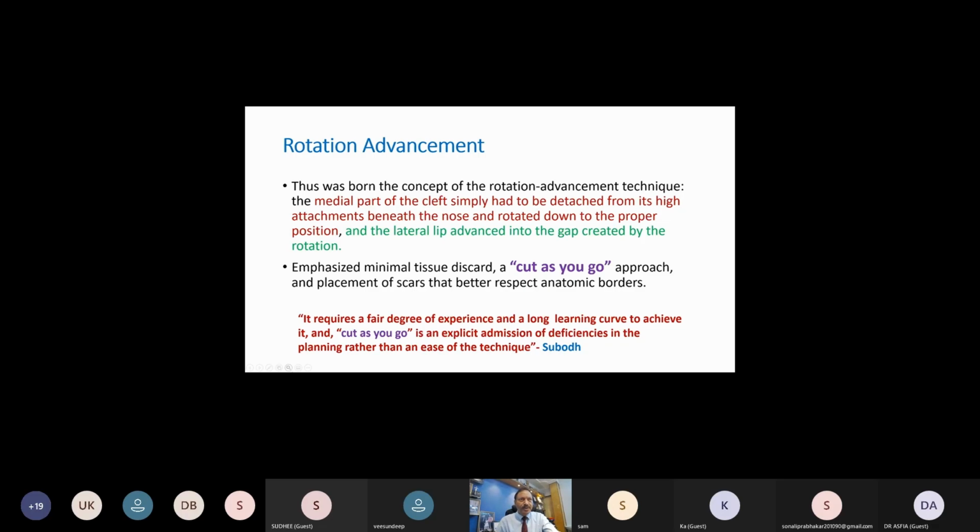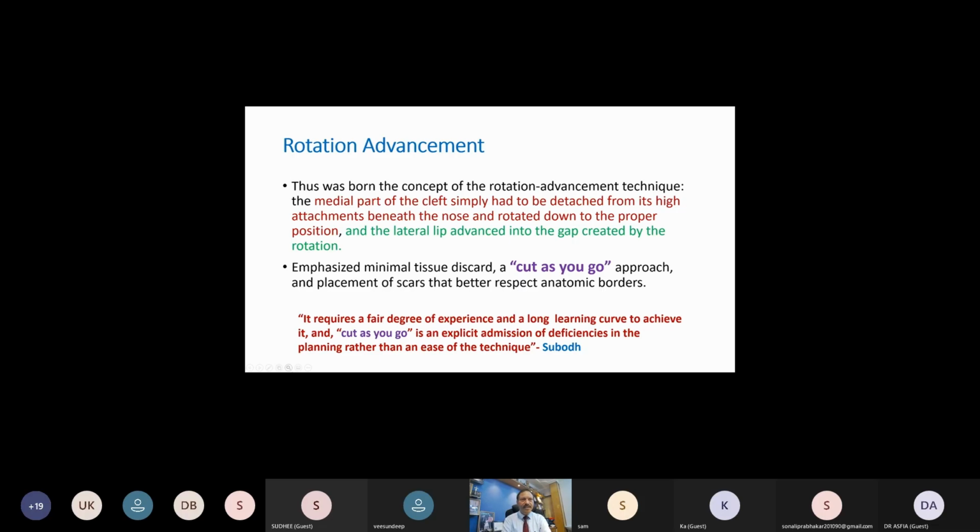The medial part of the cleft simply had to be detached from its high attachment, that is from the base of the columella, and rotated down to a proper position so that both apexes of the Cupid's bow become horizontal and a defect is created just below the columella, and the lateral lip advances into the gap created by this rotation.